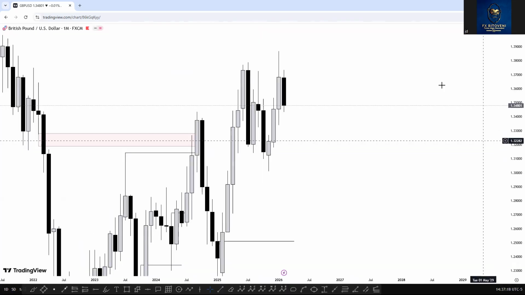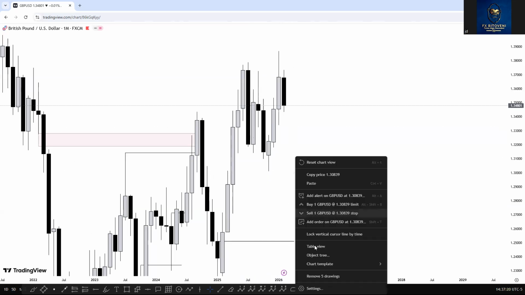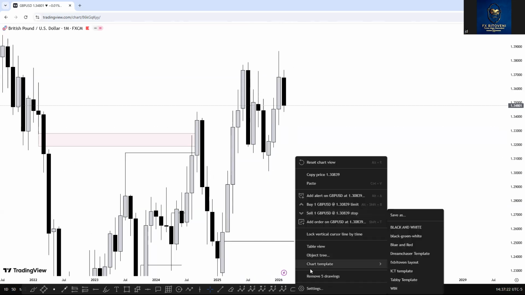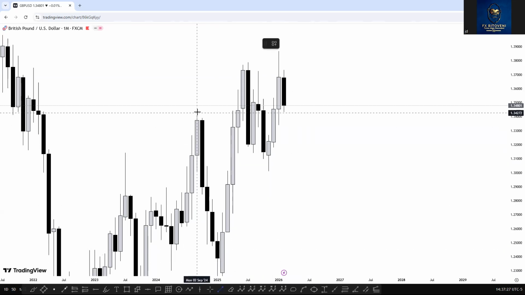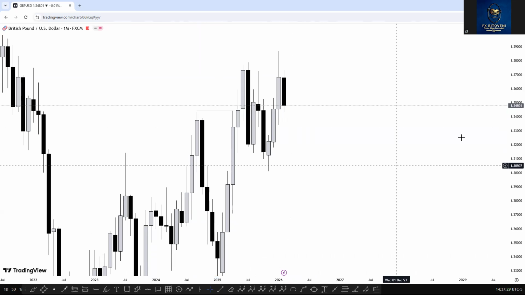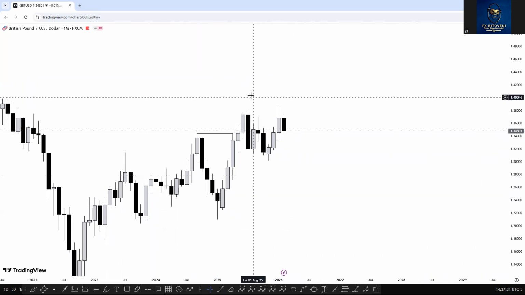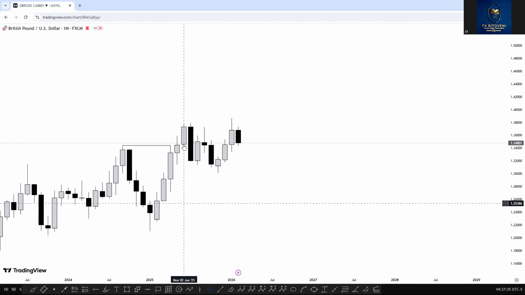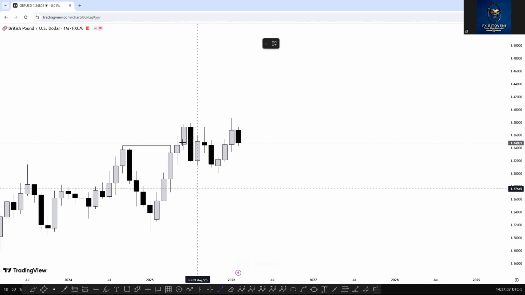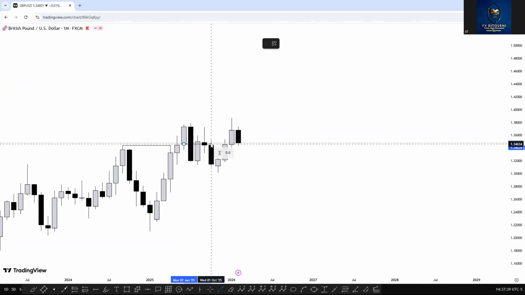So went higher to take out this liquidity. By taking this liquidity, another other block was generated around here for a possible bearish move.